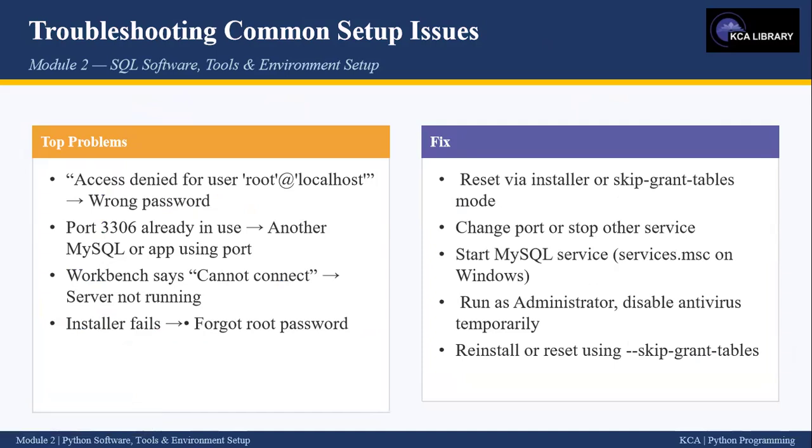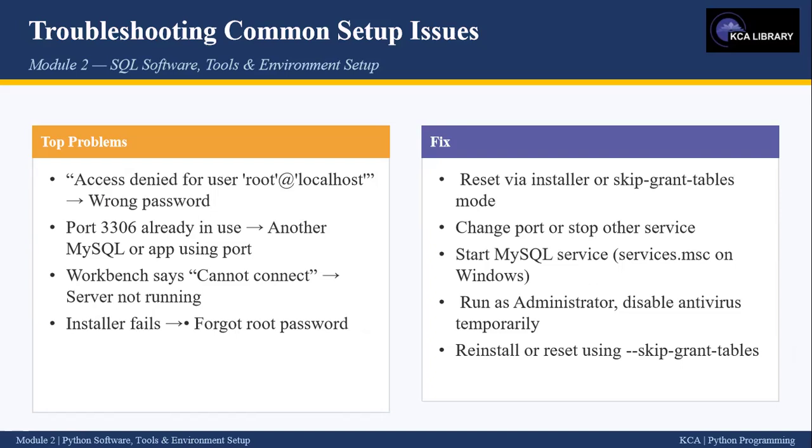Troubleshooting common setup issues. Sometimes things don't go smoothly. Here are the most common problems and fixes. Access denied for user. You entered the wrong password, reset it during the installer. Port 3306 already in use. Another MySQL or service is using the default port. Change the default or stop the other service.